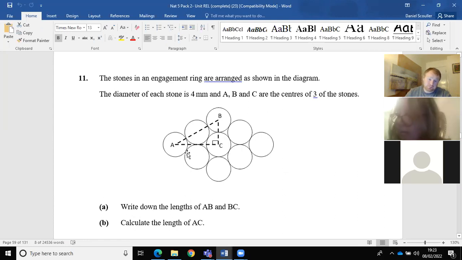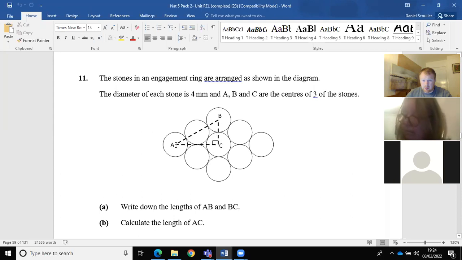So part A of this question, you're able to do it as it goes from the centre of one circle to the centre of another circle, and it goes right through a diameter. So you can do that. BC, likewise, centre to centre.